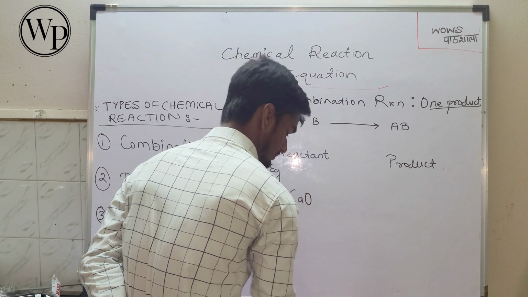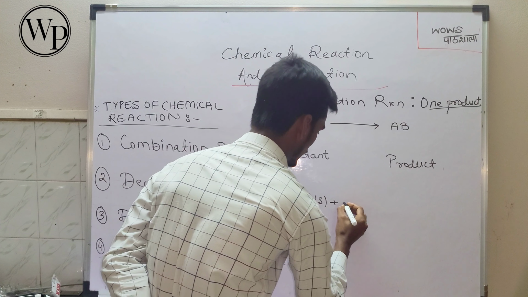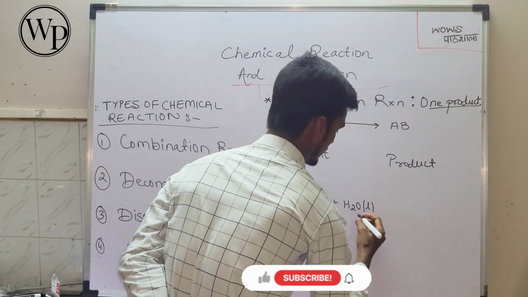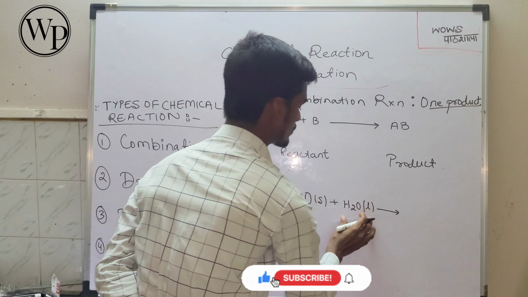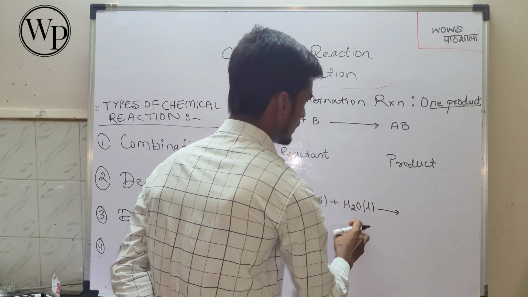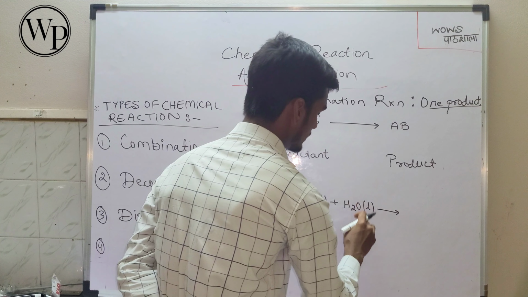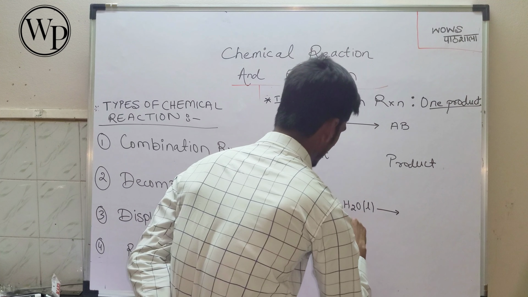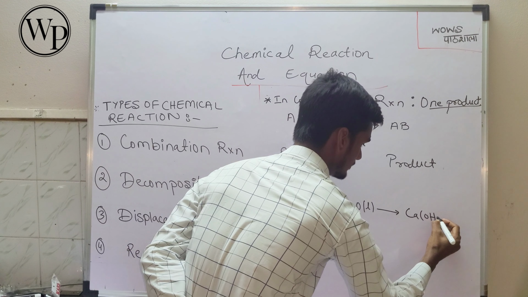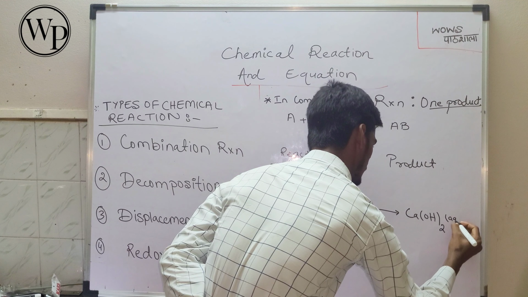Calcium oxide in solid form reacts with water. Water may be present in liquid form, in gaseous form as steam when heated, or as ice when the temperature is decreased. It is converted into calcium hydroxide in aqueous form, plus heat.